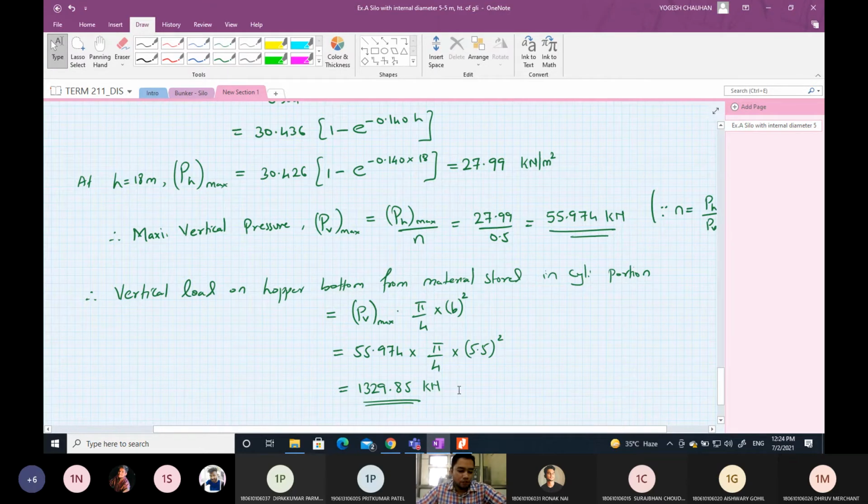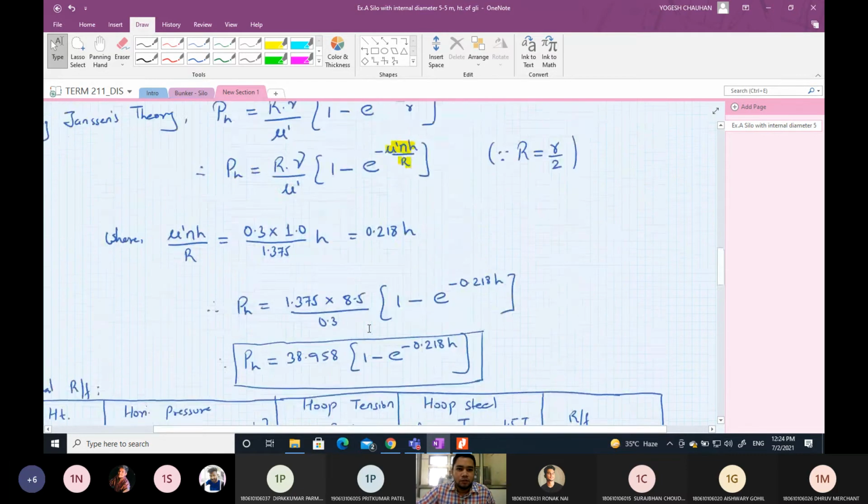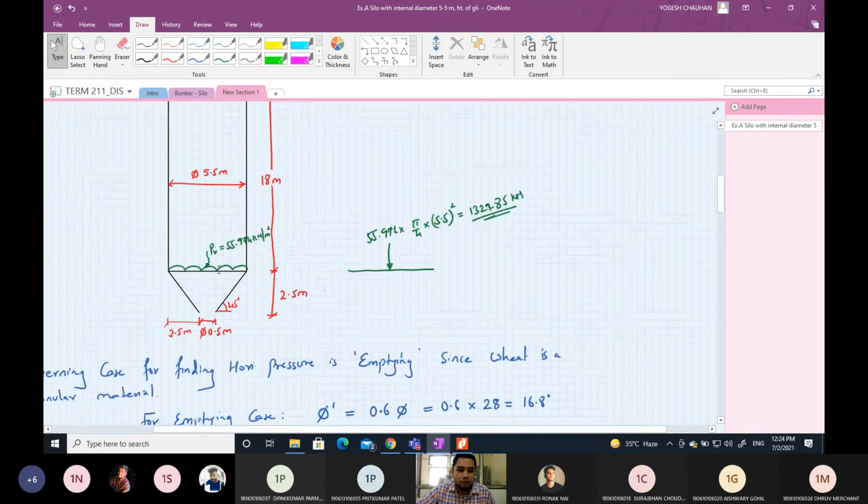Now, in addition to this, we also have to find the weight of the hopper bottom itself and the weight of the material inside the hopper bottom. So we have found the weight in the cylindrical portion.